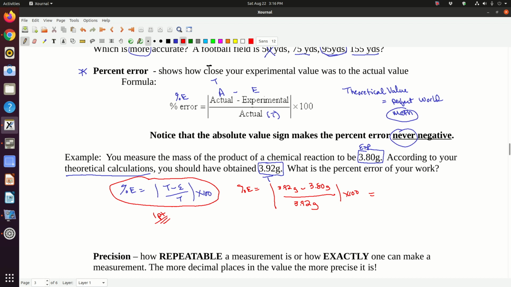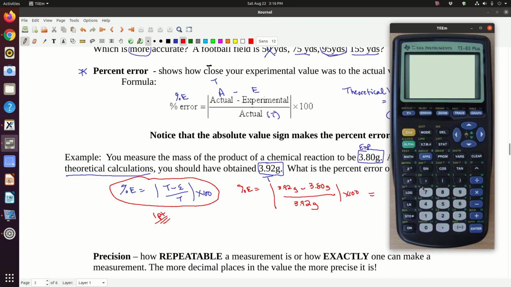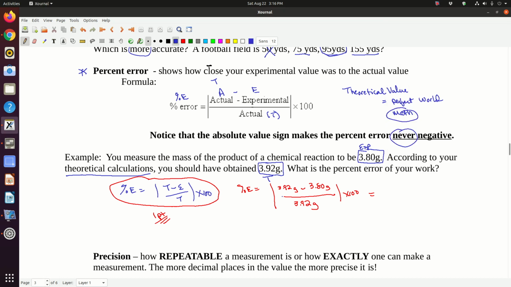I'm going to pull this up. Okay, and there we go. 3.92 minus 3.8 is 0.12. What I normally do is I cross out the top, put 0.12 grams, because grams minus grams is still grams.